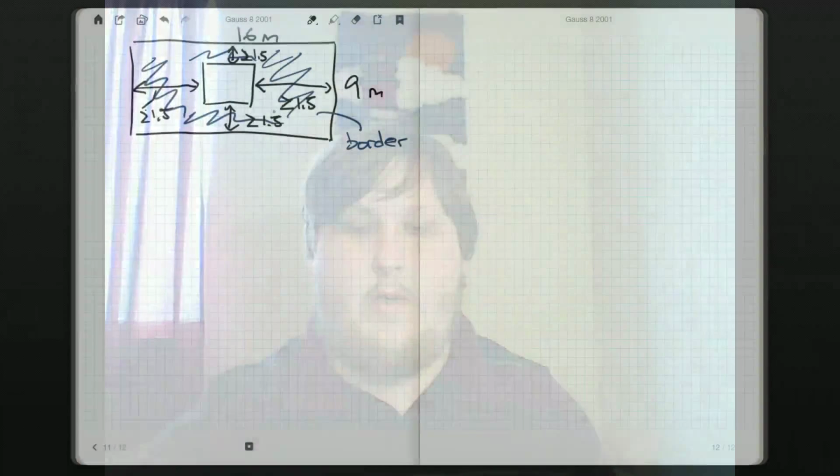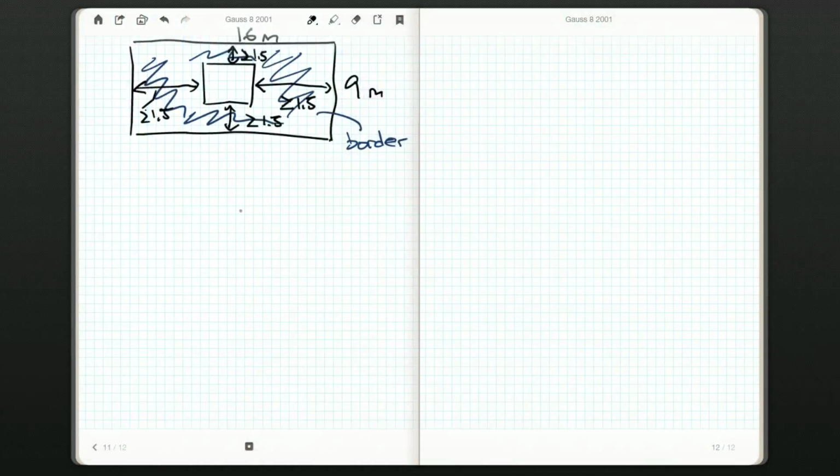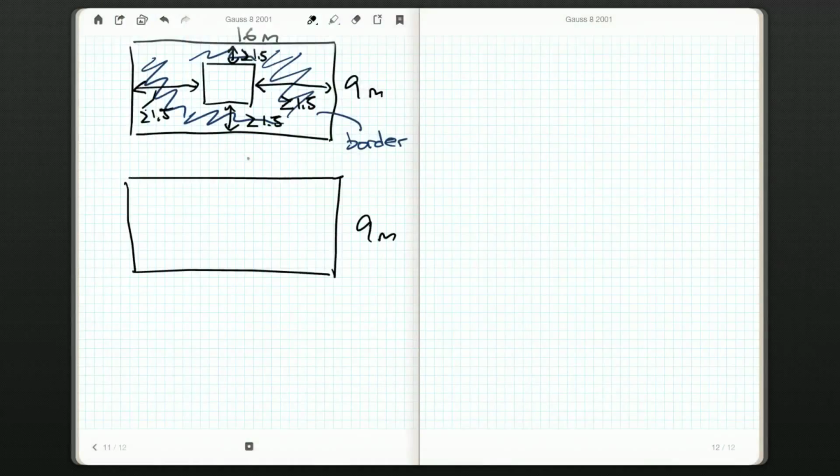We need to sort of make these borders as small as possible. Now the smallest they can possibly be is 1.5 meters. So what would happen if we made the border around this whole advertisement exactly 1.5 meters? Okay? What would happen then? So if we fill in the border first, we'd have 1.5 meters up here, because it has to be at least 1.5 on either side.